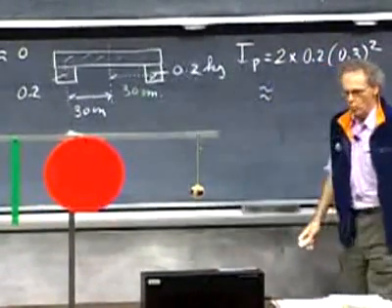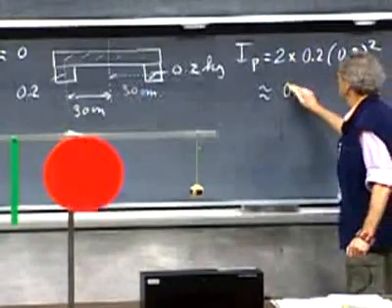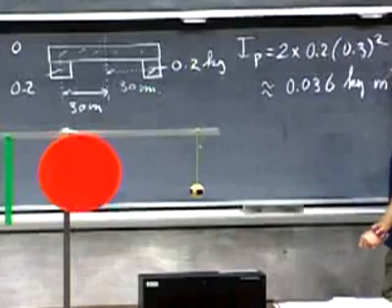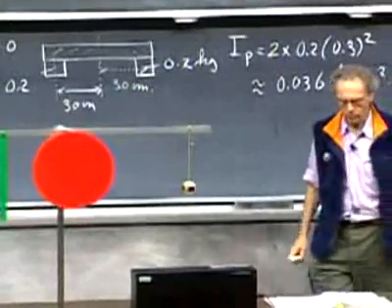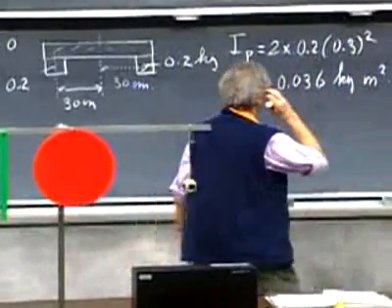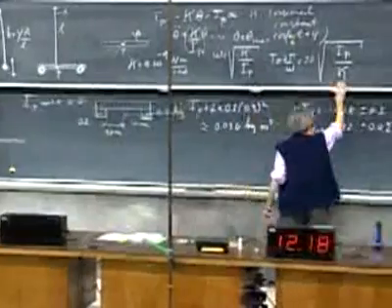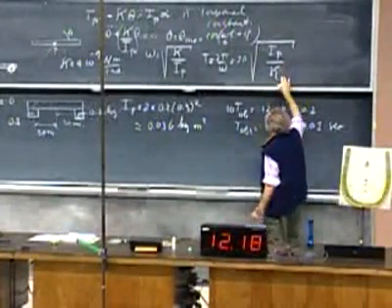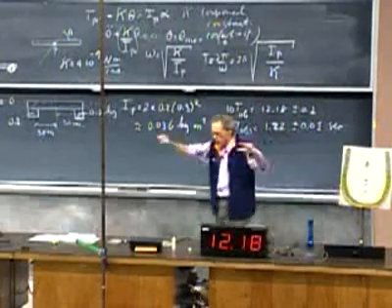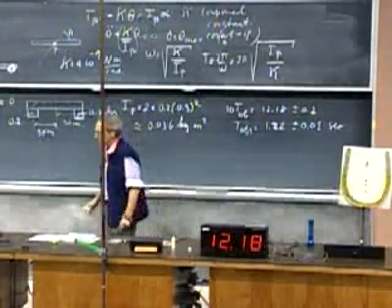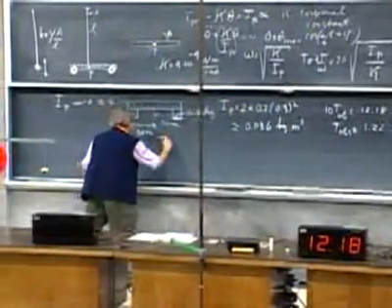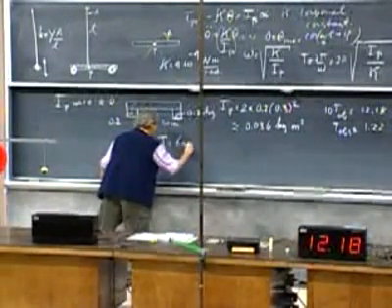And that is about 0.036 kilogram meter squared. And so when I use that in our equation, I know now what kappa is, at least I have a reasonable idea what kappa is, and I know what I of P is, that's really almost exclusively determined by that crossbar. I will find then, using that equation, that the period is very close to 60 seconds.